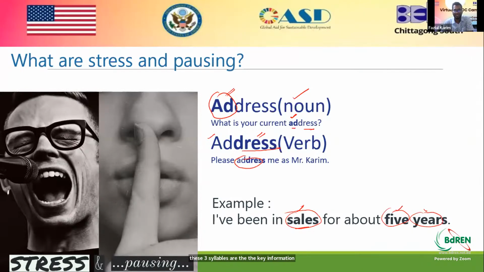We got three things here. In case of the noun, we stress the first syllable. In case of the verb, we stress the next syllable if there are two syllables in a word. And in a sentence, there are many syllables, but the key information words are the ones we put stress on.